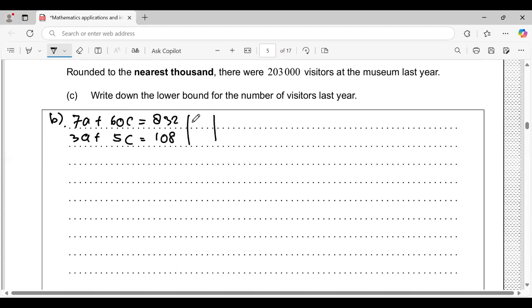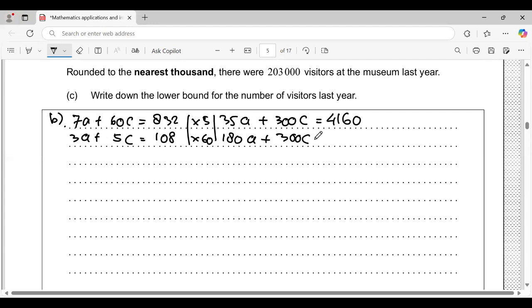I would like to eliminate c, so multiply by 5 and by 60. It is 35a plus 300c equals 4,160, and 180a plus 300c equals 6,480.